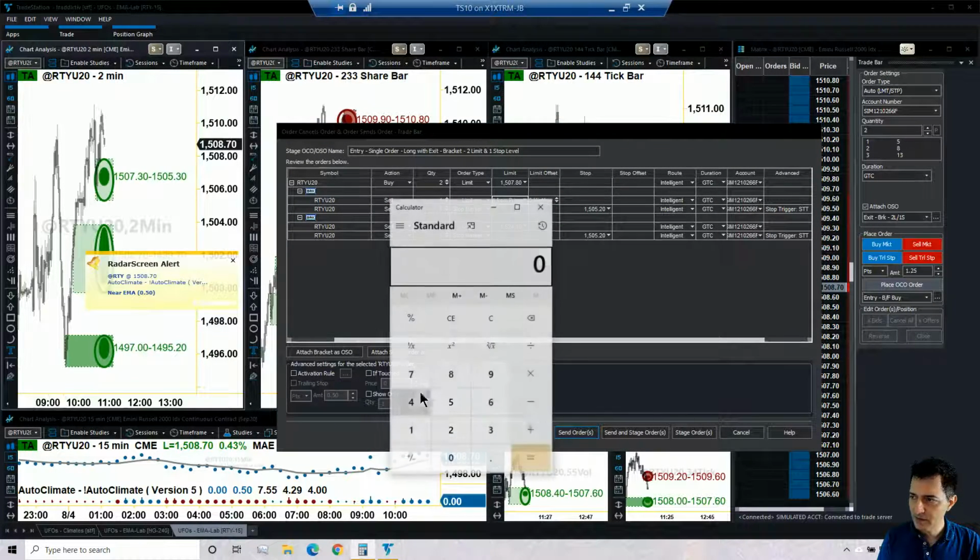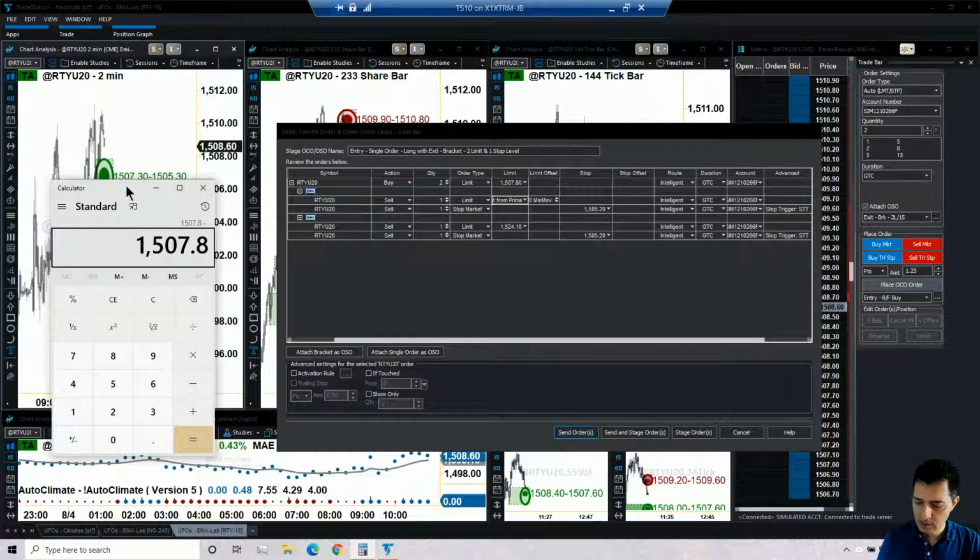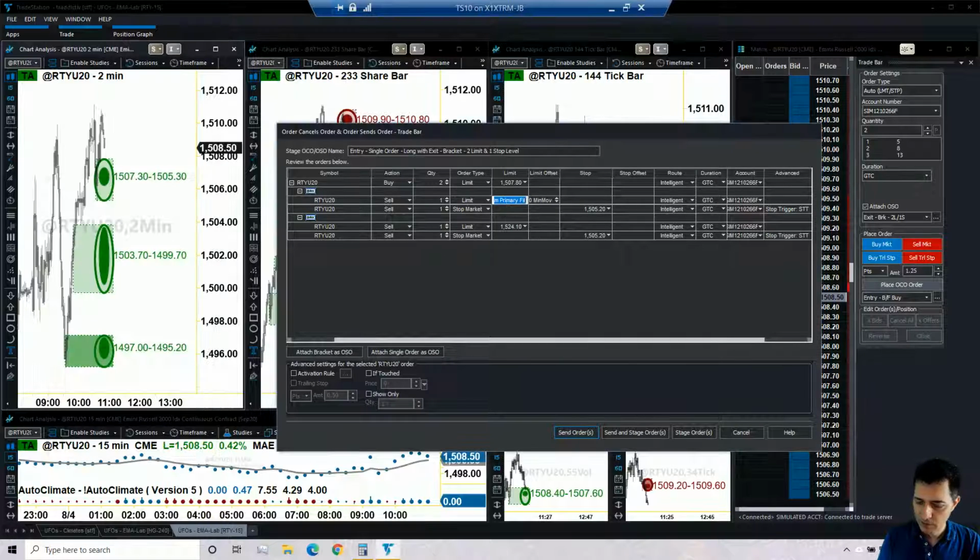Finally, for the safety target: entry 1507.8 minus the stop 1505.2 is 2.6 points. Projecting that above my entry gives 1510.4. That would be my safety target.